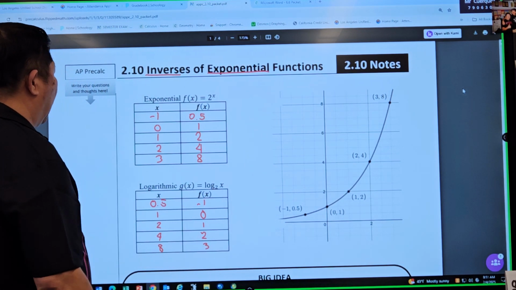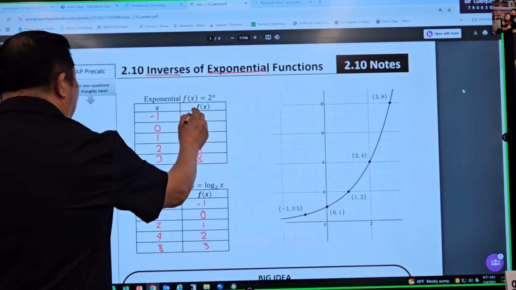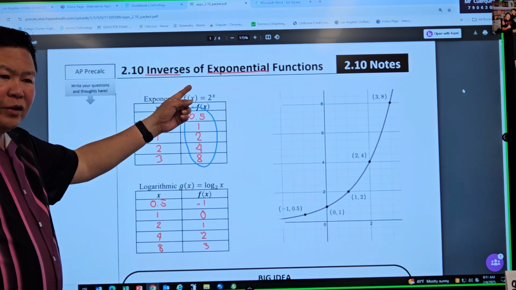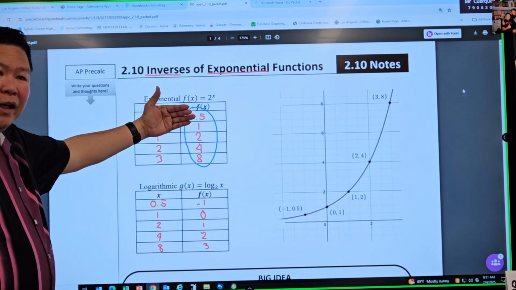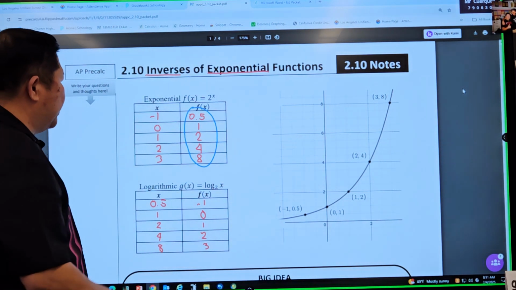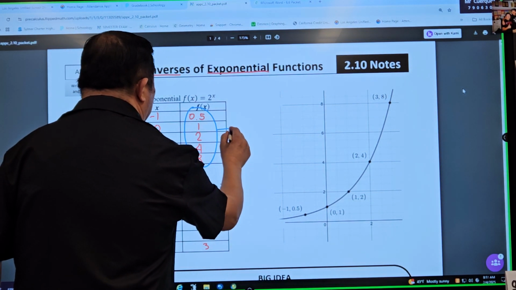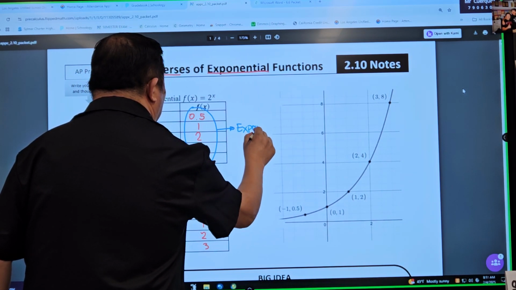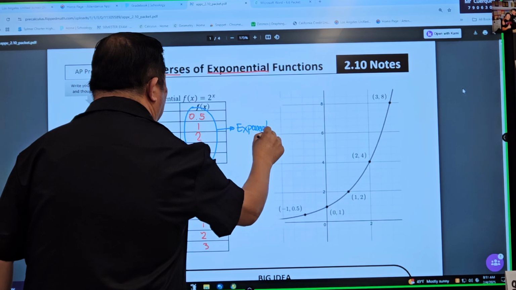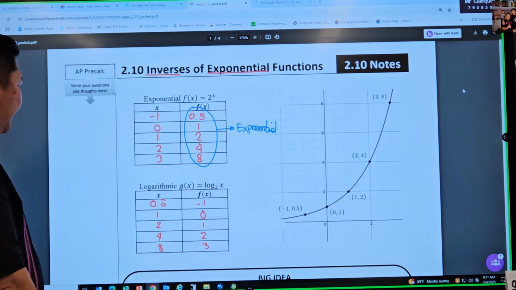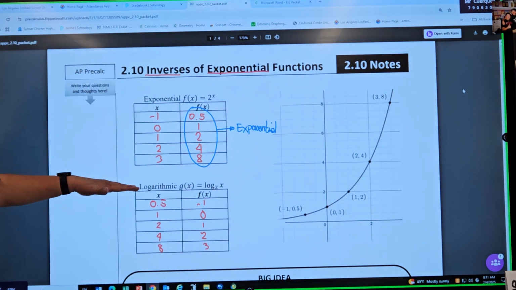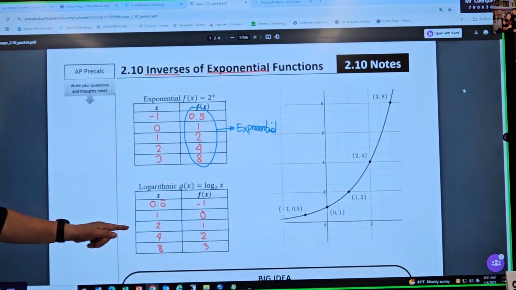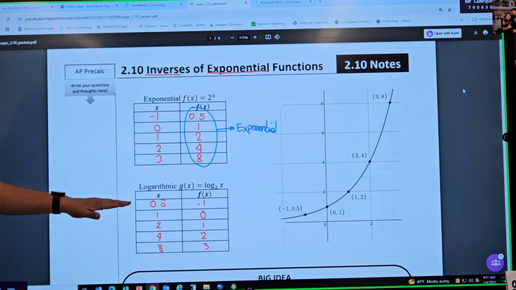Okay. Now, I'd like you to look at this first. What was our conclusion right here? If the f of x or the y right here is being multiplied, then our conclusion is that this is exponential. Okay? Exponential. But for logarithmic right here, you look at the x values. Where do you think the multiplication occurs?